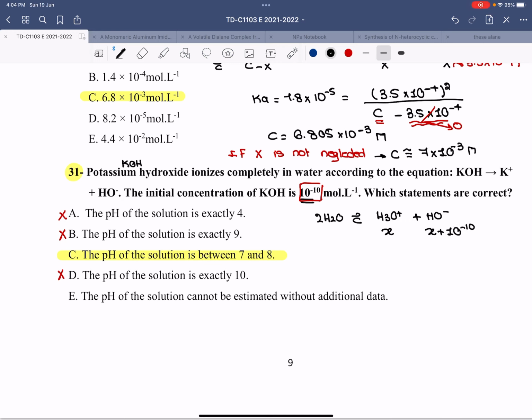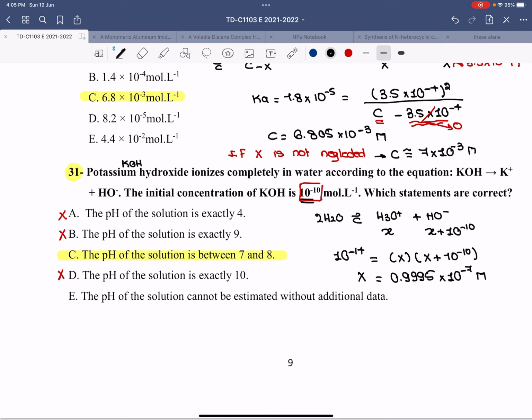Now, Kw, which is 10 to the negative 14, we already did this in the course, is equal to X times (X plus 10 to the negative 10). Find X. It will be very close to 10 to the negative 7. When you do find X, you will get 0.9995 times 10 to the negative 7 molar.